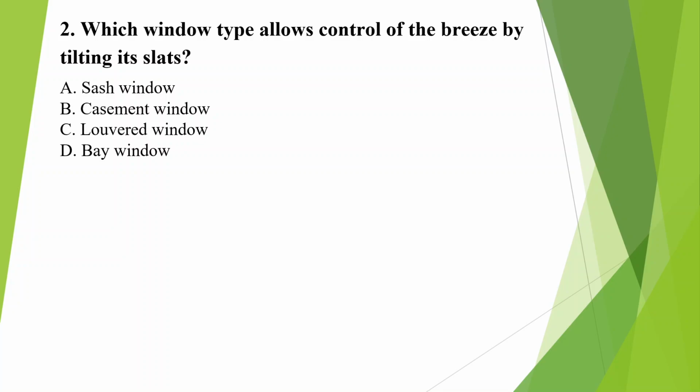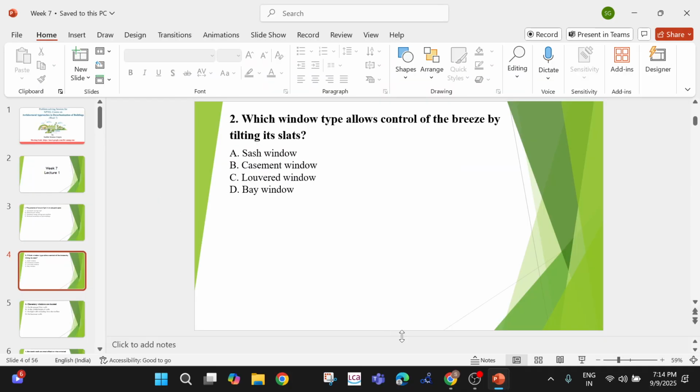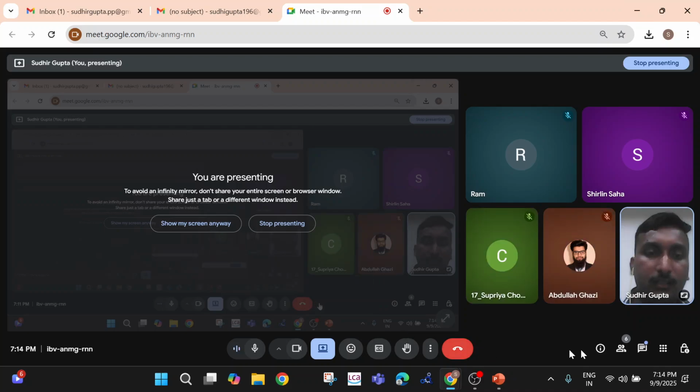Whether it is sash window, casement window, bay window or levered window, out of the four options, I think the question is very clear to all of you.